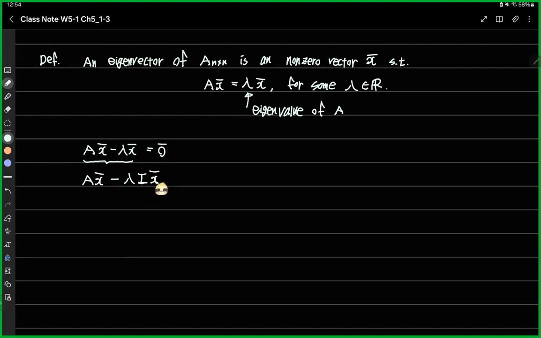Why do we have to do this? Because we need to match the size of the first term and the second term. To take out x bar, we need to rewrite lambda as a matrix. That's why I add the identity matrix, the n by n identity matrix.